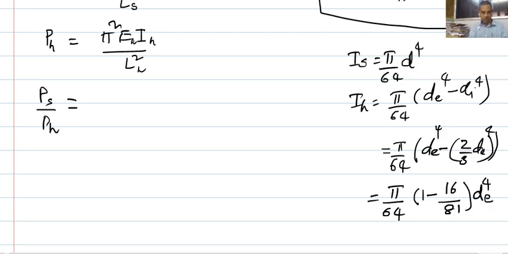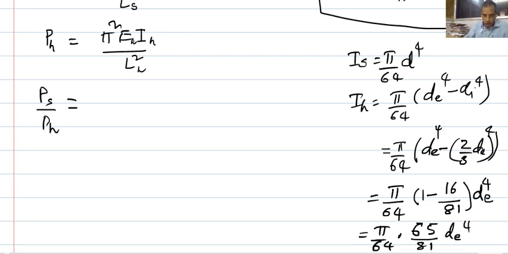This 81 minus 16, right. So, 81 minus 16, this is your 65 by 81. So, this is equal to pi by 64, 65 by 81, right, d power 4.